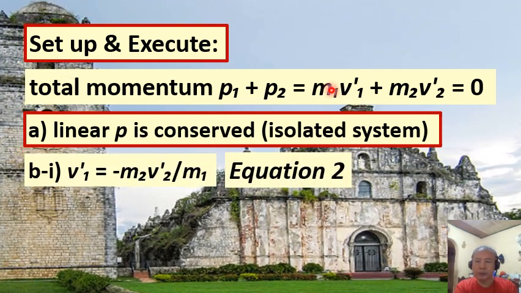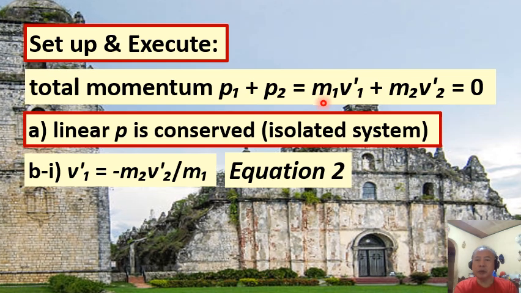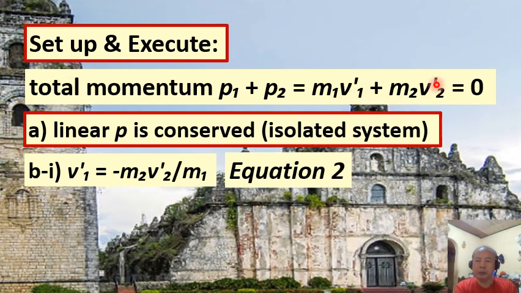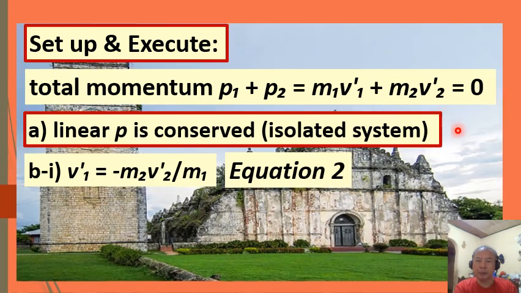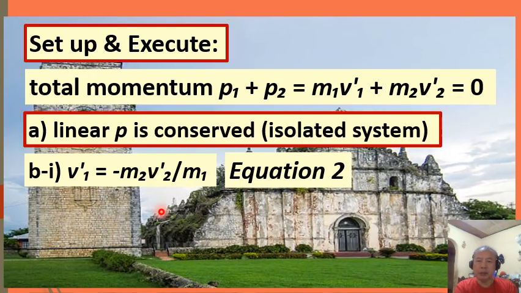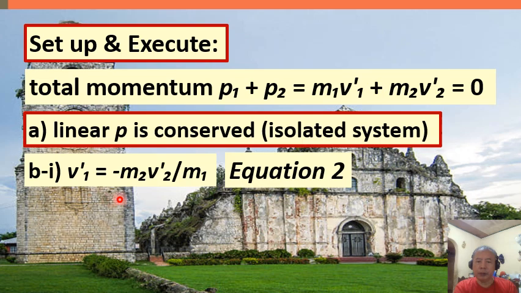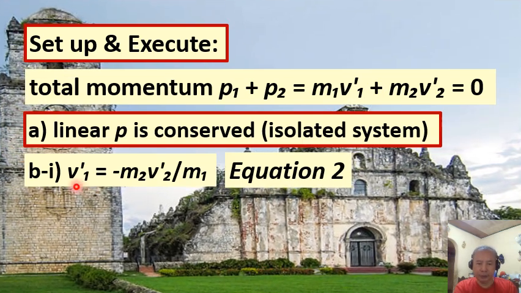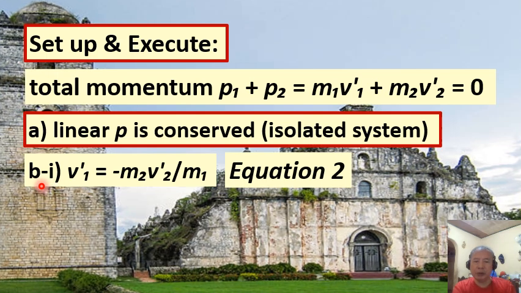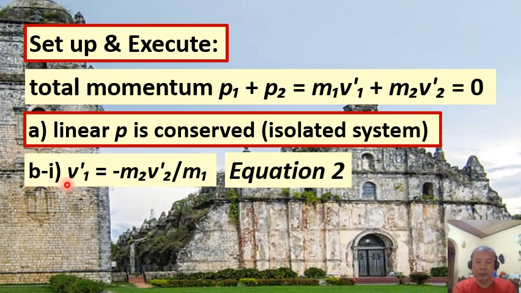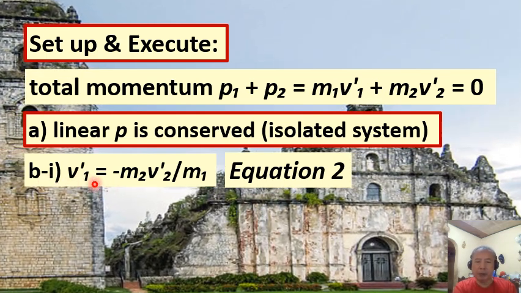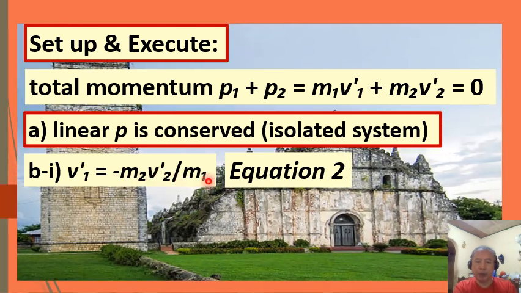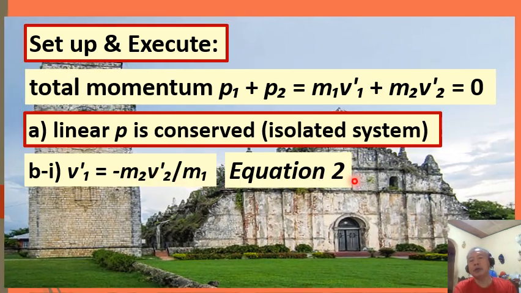So from this equation, m1 b prime 1 plus m2 b prime 2 equals 0, we come up with the equation for b prime 1. This is now in answer to question letter B, number 1. b prime 1 equals negative m2 b prime 2 over m1 is our equation number 2.